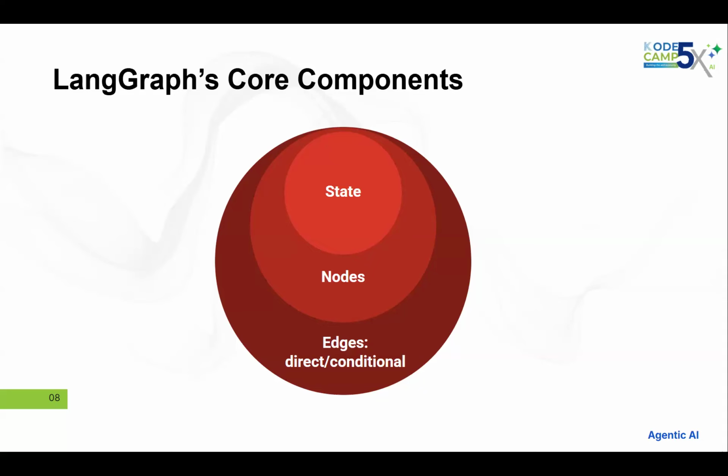But if it's a conditional edge, let's say you have a conditional edge at node A, it means that when you get to node A, based on the conditions, you will either move to node B or to node C. And that's the point of taking a decision. That's branching. So based on the graph, you can implement loops by starting from one node, moving around, and coming back to that same node.